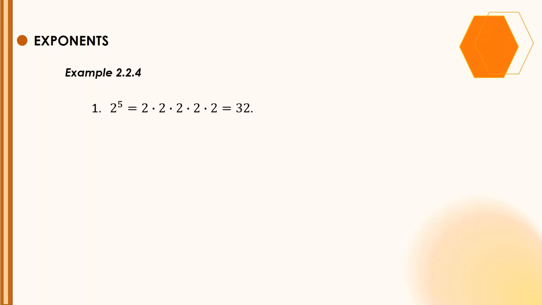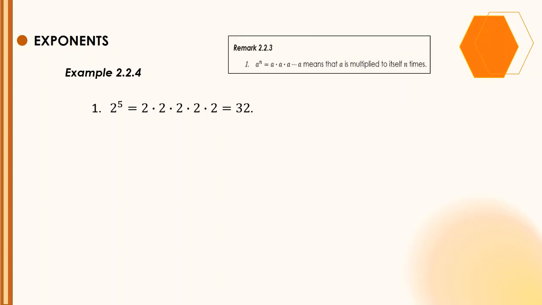Example number 1 is 2 to the power of 5. Based on remark 2.2.3, number 1, i-multiply natin ng 5 beses ang 2. Ang n natin dito is 5 at ang a natin is 2. This will be equal to 2 times 2 is 4, 4 times 2 is 8, 8 times 2 is 16, 16 times 2 is 32.